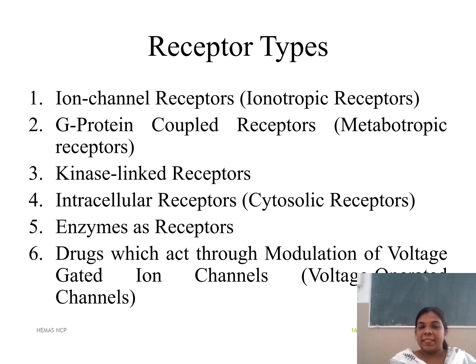And the fifth one, enzymes. And sixth one, drugs which act through modulation of voltage gated ion channels. So these are the main six types of receptor: ion channel, G protein coupled, kinase linked, intracellular receptor, enzyme, and modulation of voltage gated ion channels.